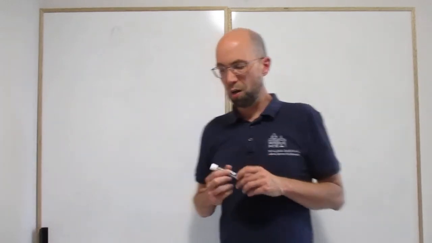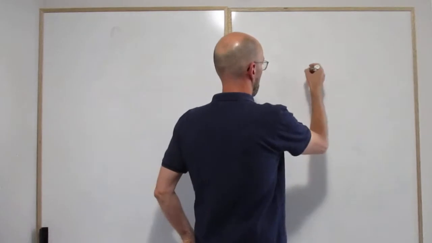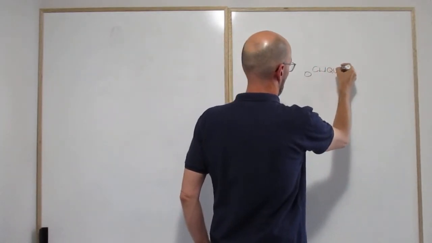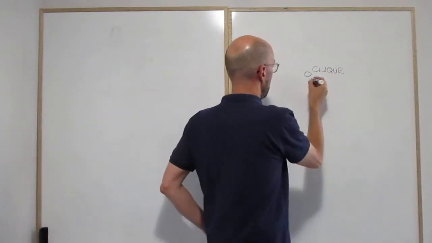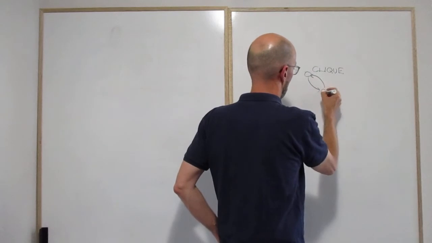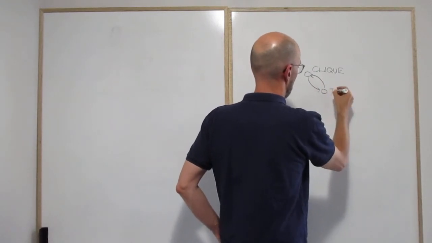So what we saw was, we started with clique, and we got this nice reduction to independent set.